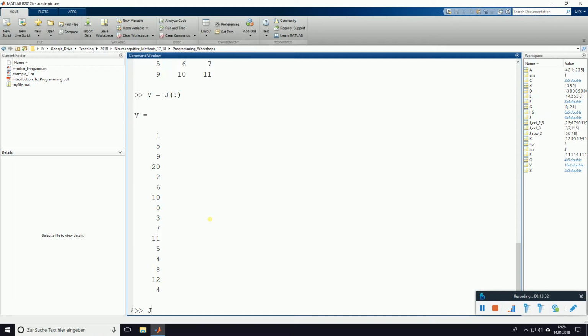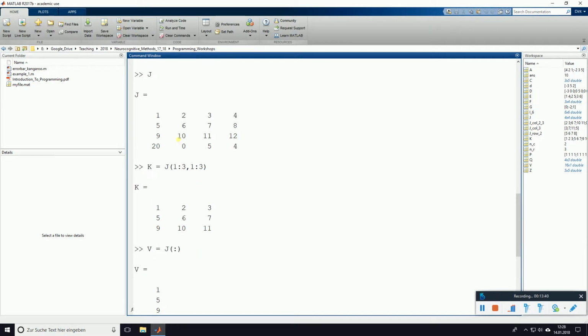So one can also index J with a single number, for example this, which is the element in the third row and second column. However, the linear indices depend on the matrix size. So in general, I recommend staying away from linear indices for matrices because it's confusing.